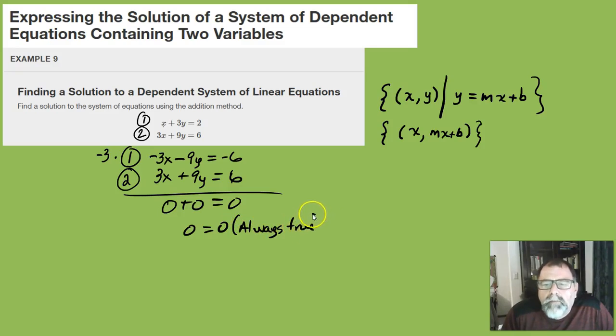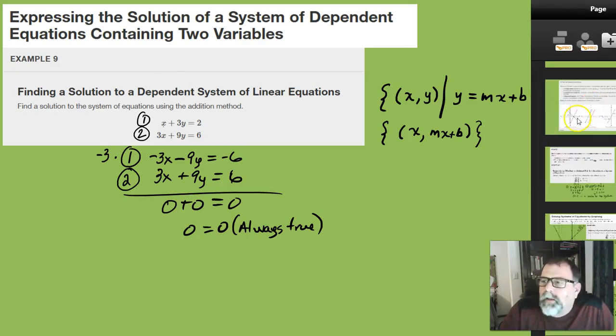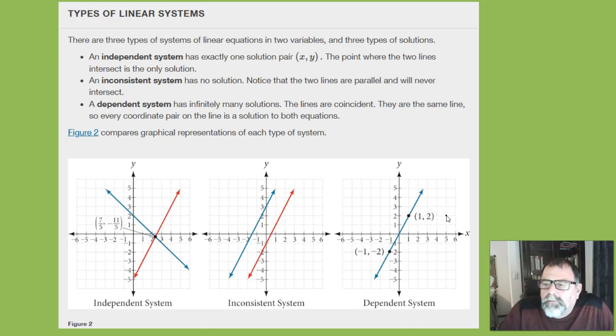Now, the system isn't always true, only the points on the line are. For instance, if I were to graph this, both lines would be the same line, and only the points on the line are solutions to the system. So this point, like right here, 5, 2, is not a solution to that system.